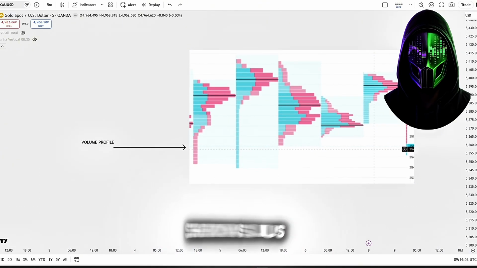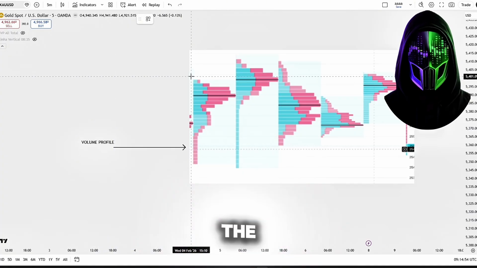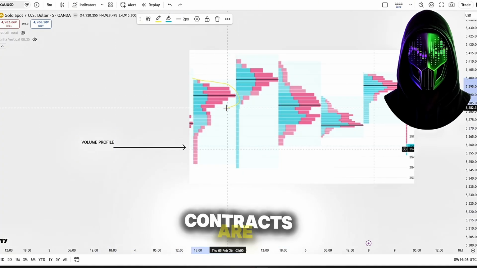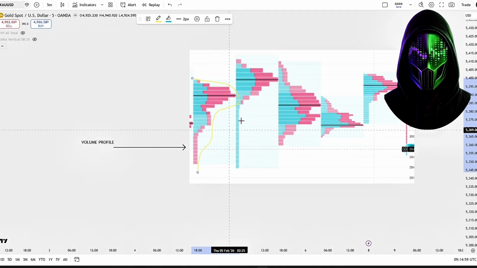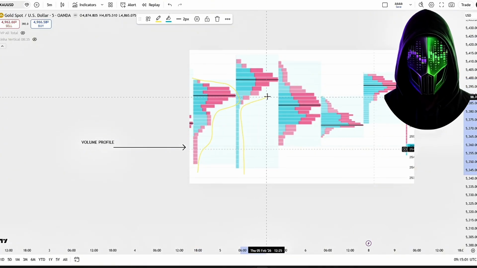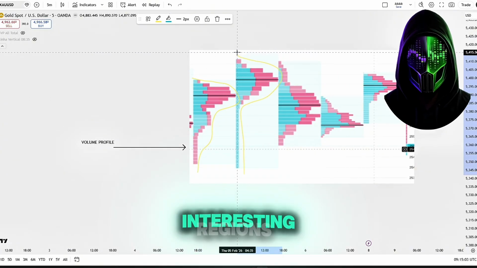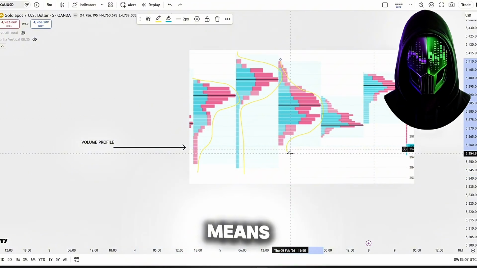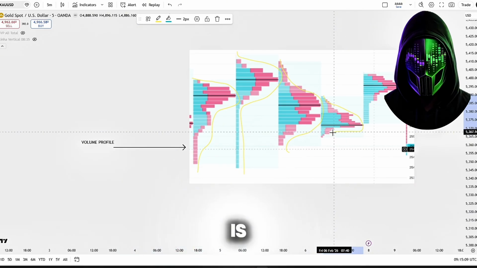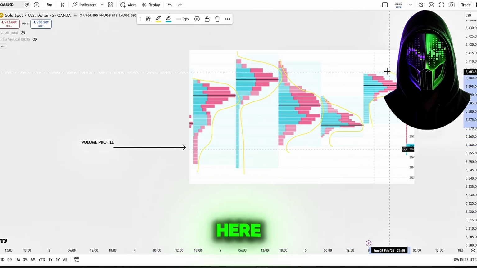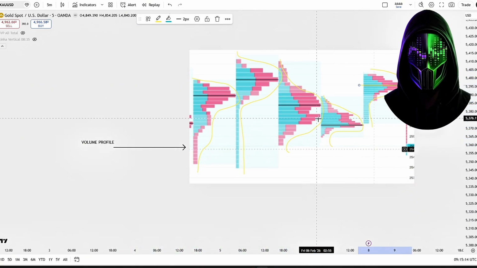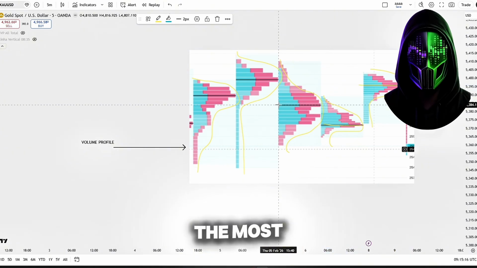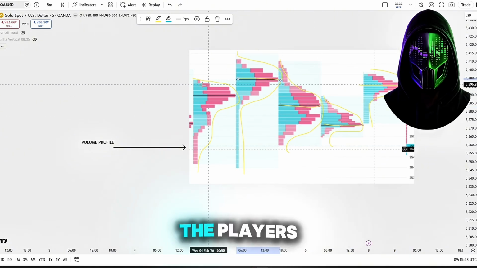And this shows us where the most contracts are negotiated in the markets. So these are the most interesting regions for the market to negotiate. What this means is that in these regions right here, we have the most interest from the players to negotiate.